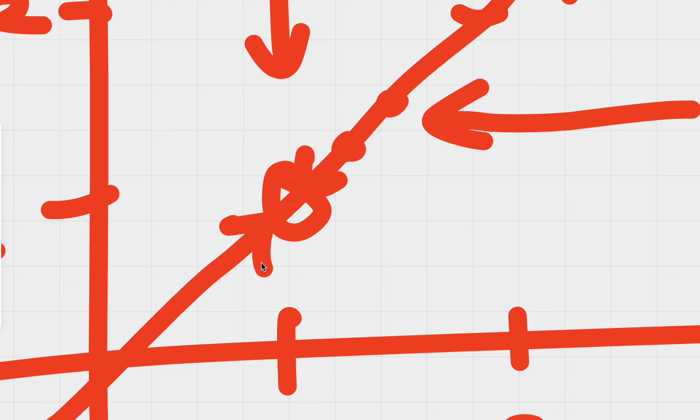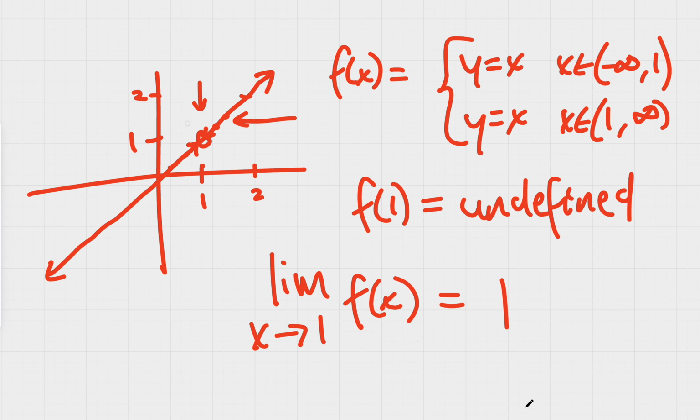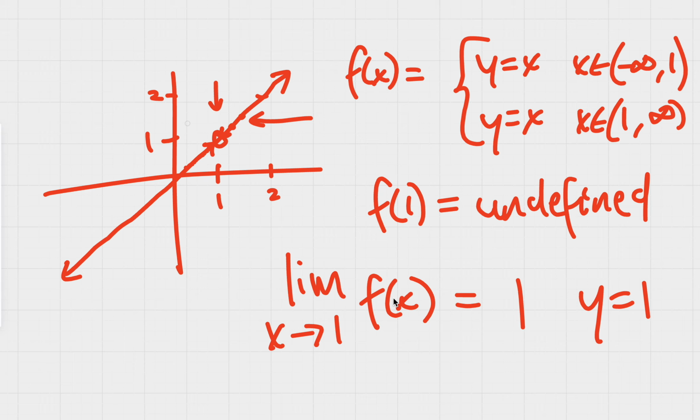And it's the same thing with the other side. As you get closer and closer, it'll be almost right there at 1. So all that this equation is saying is that if I went infinitely close to 1 from both sides of x, eventually y will equal 1. Or it won't equal 1, but it will get so close to 1 that it might as well be 1. So that is all that a limit is saying.